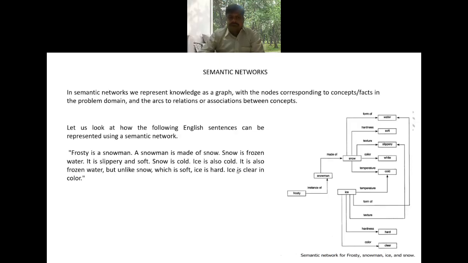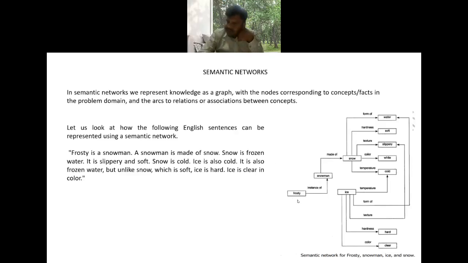How are they different? Snow is frozen water, but unlike snow, ice is hard, and ice is clear in color. So these things we have to represent by some pictorial notation, like graphical symbols.